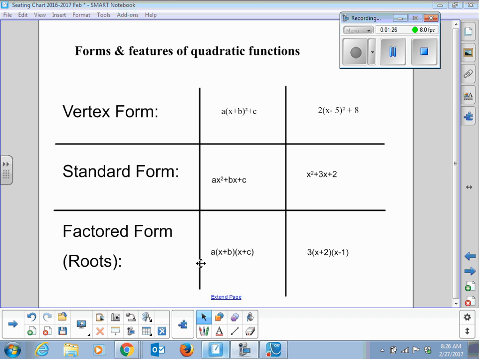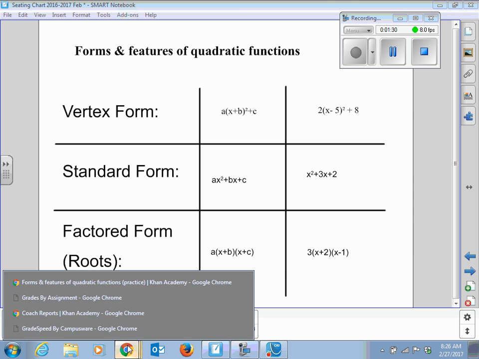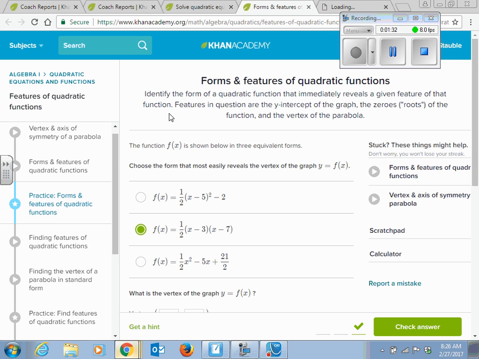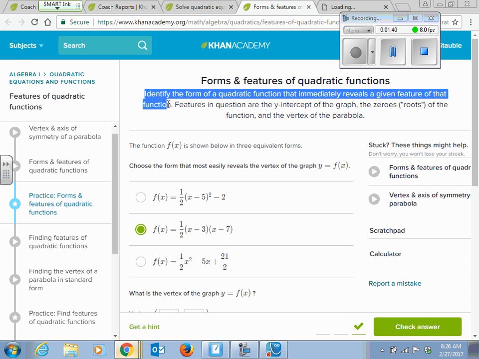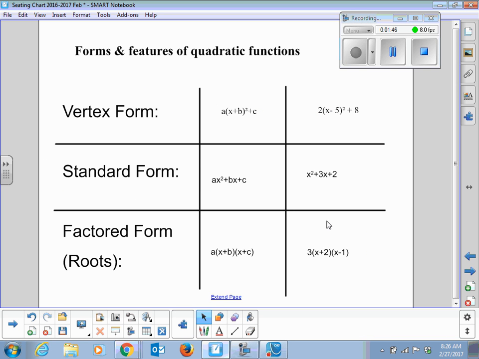So once you have all of these, you need to go back and look at what the question is asking you. So for this one, it's saying identify the form of a quadratic function that immediately reveals a given feature of that function. So all this first sentence is saying is if I'm asking you for the roots, this equation is the best one to look at because I can tell what my roots are without having to do too much to the equation.